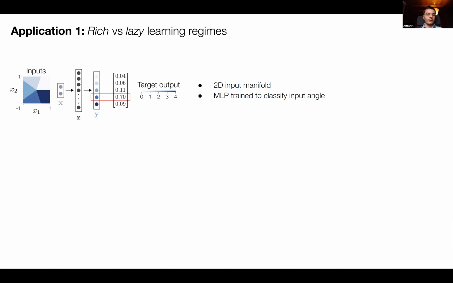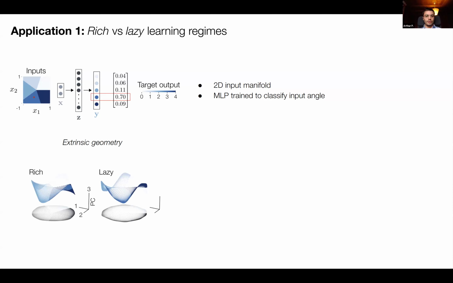The toy model that I will consider for this is a one hidden layer MLP that receives inputs on a two-dimensional manifold. Here, the input manifold is the full input space, which is just two-dimensional, and the network has to classify these different points in this plane into one-hot encoded vectors.